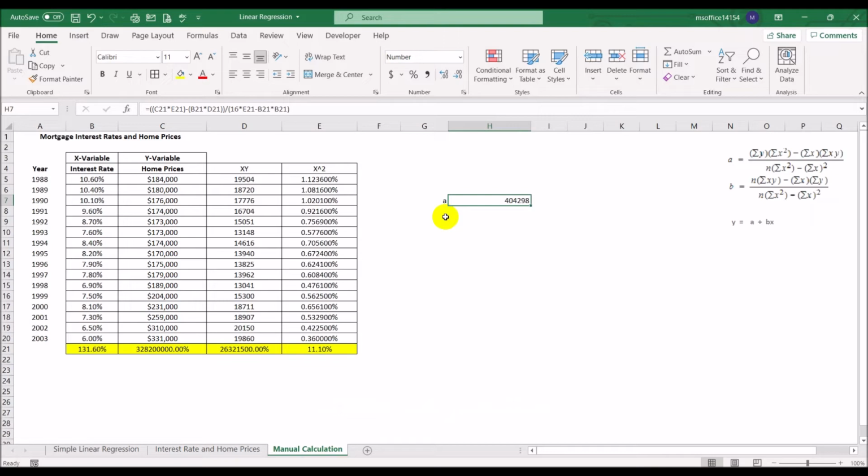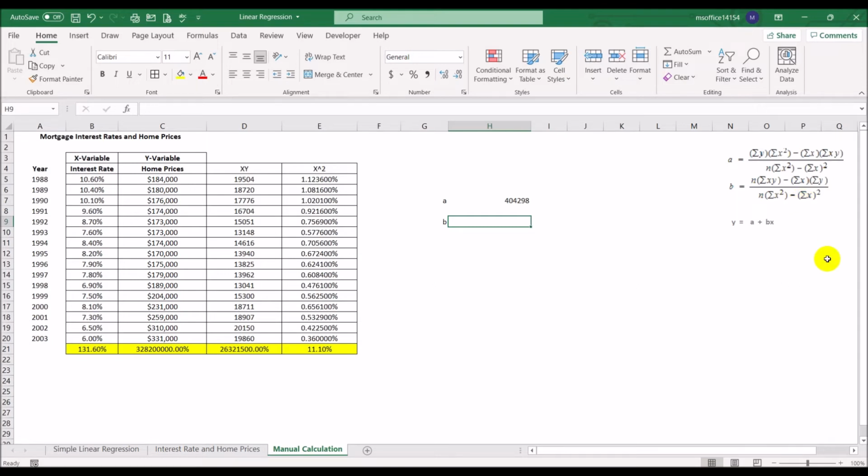So we've got the intercept. Now let's look at the slope. That's your b value, and the formula is over here.